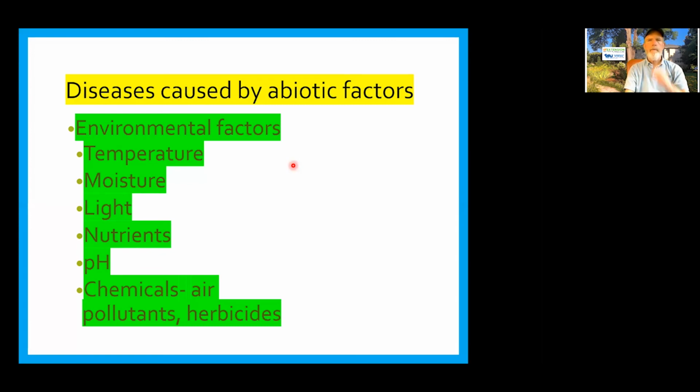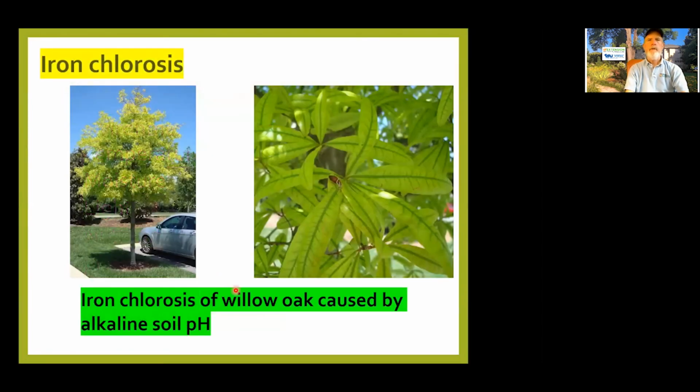Some of the environmental factors to think about. We talked about some of these: the temperature, moisture, light, nutrients, pH, pollution, herbicides. Here's one called iron chlorosis that is somewhat common in willows. It's caused by alkaline soils.